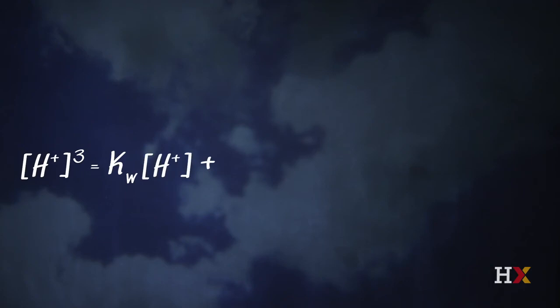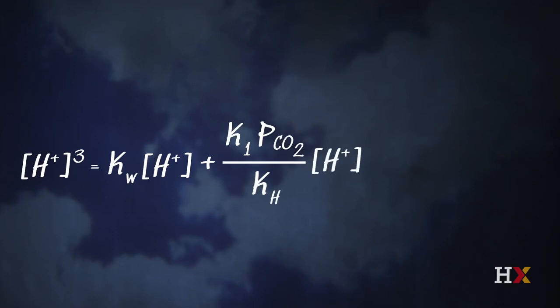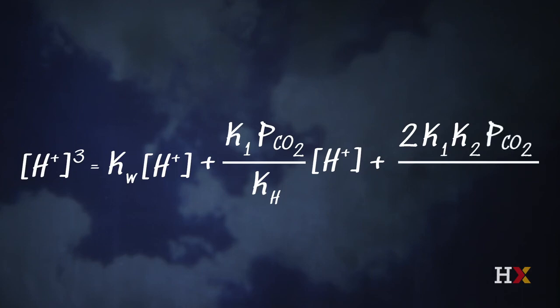That's equal to K1 times the pressure of CO2 divided by the Henry's law constant times the concentration of H plus. And then we have the third term, which is the carbonate anion term. So our factor of 2 appears. Then we have the first acid dissociation constant, the second acid dissociation constant, multiplied by the pressure of CO2 in the atmosphere divided by Henry's law constant.